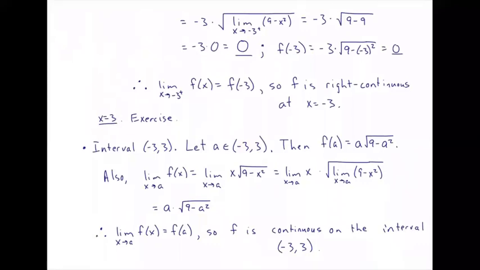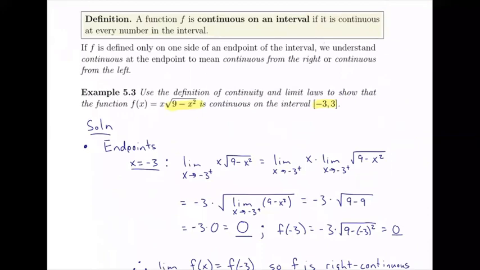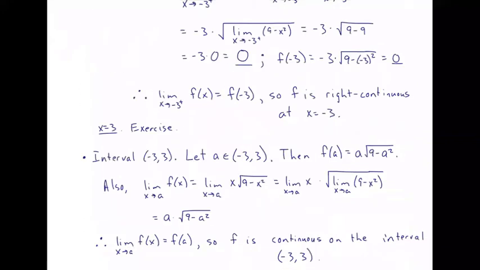Okay, so this means that f of a is definitely in the domain of f. That's where f is defined. These are values for which it's defined. We could check that: 9 minus a squared is going to be greater than or equal to 0 for any values between -3 and 3. But anyway, it evaluates to this.